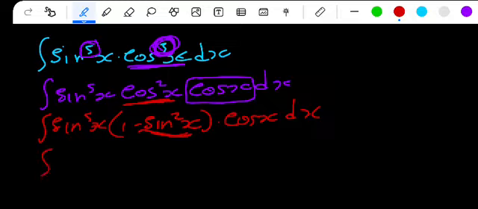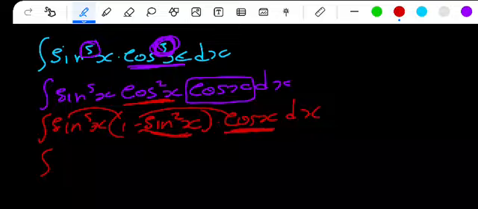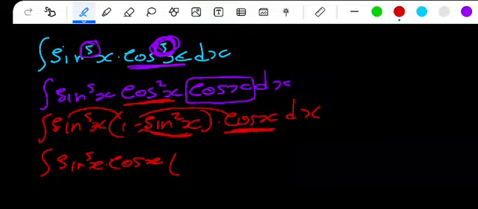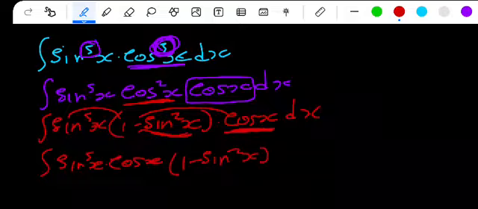So these are supposed to be distributed, but do not forget even this cos, which is also supposed to be distributed. So to not confuse yourself, just write like this so that you cannot forget that cos. You can write sine raised to the power of 5 x multiplied by cos x into 1 minus sine squared x, then dx.